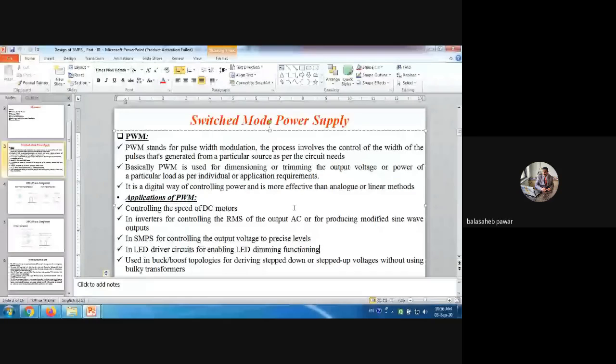Similarly, if we have to change the light intensity of LEDs in LED driver circuits, then also PWM, by changing the duty cycle, can change the light intensity. Okay. Then used in buck boost topologies, already we discussed. Now, op-amp as a comparator.